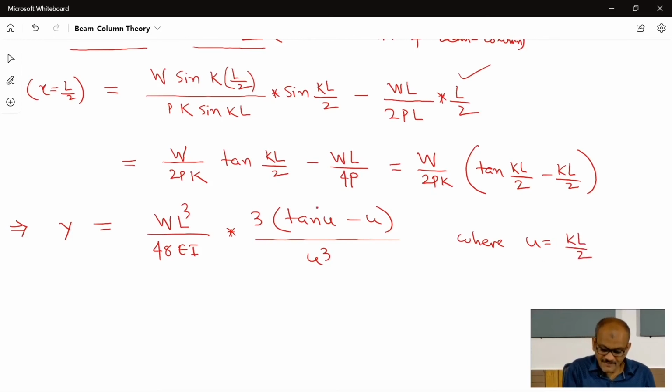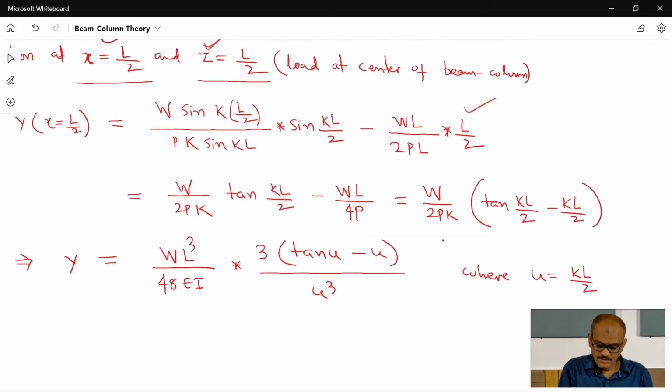If you simplify this expression, it will come like this.